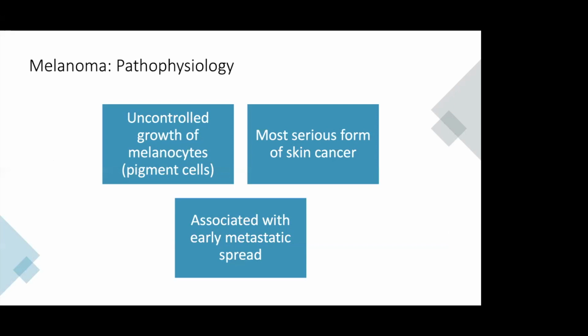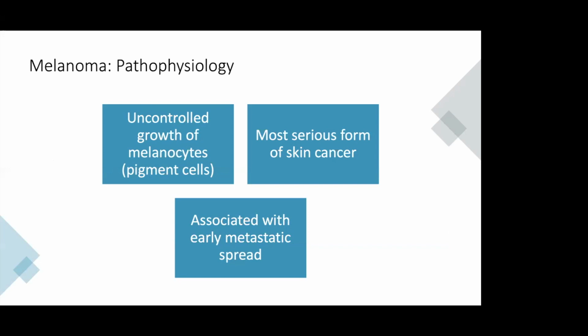So I'm just going to take a minute to discuss the pathophysiology of melanoma. So melanoma develops as a result of uncontrolled growth of melanocytes, which are the pigment cells within the skin. So normal melanocytes are found within the basal layer of the epidermis, the outer layer of the skin.